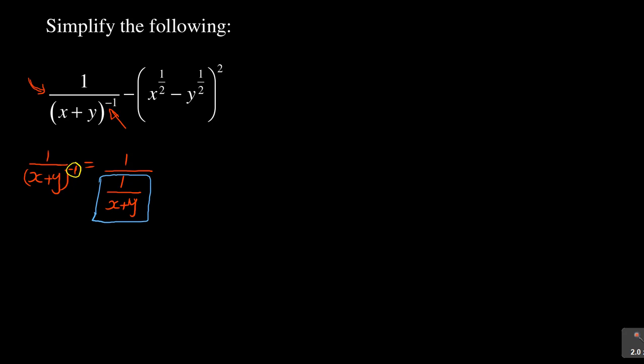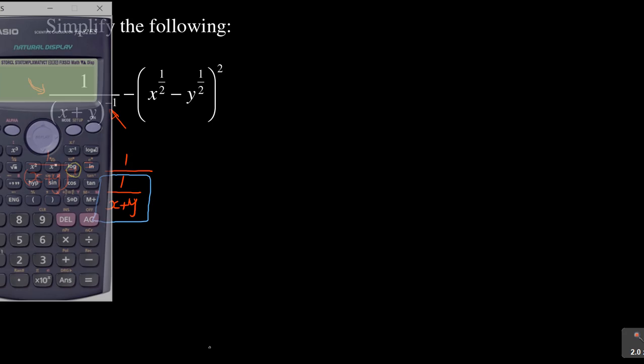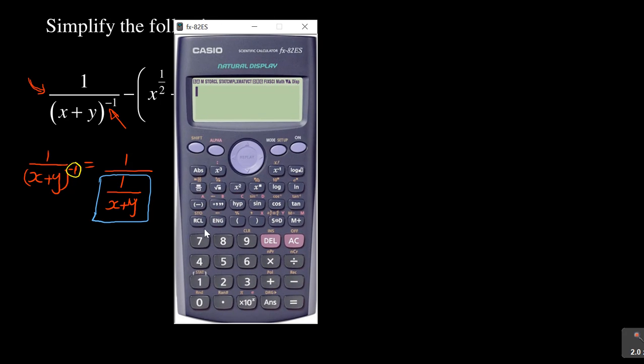Now let's take my calculator. I can choose any number. For example, I say 1 over, press the fraction button, and say 1 over 5. You see where the 5 is? Now you see I'm getting a 5. But don't do it like this.